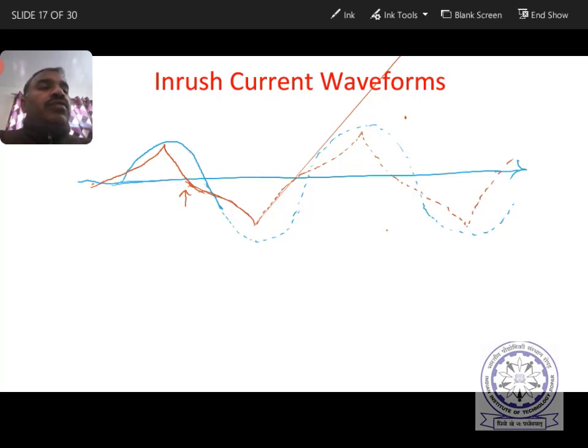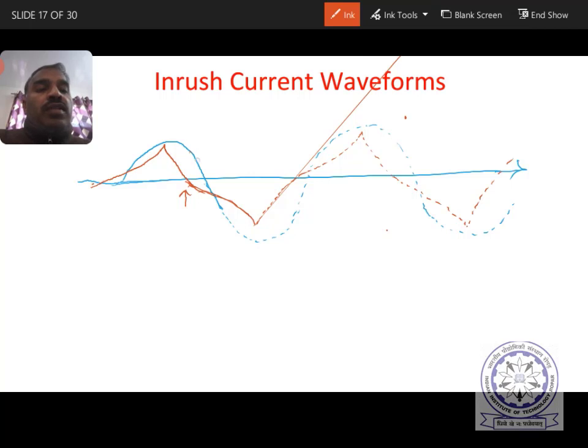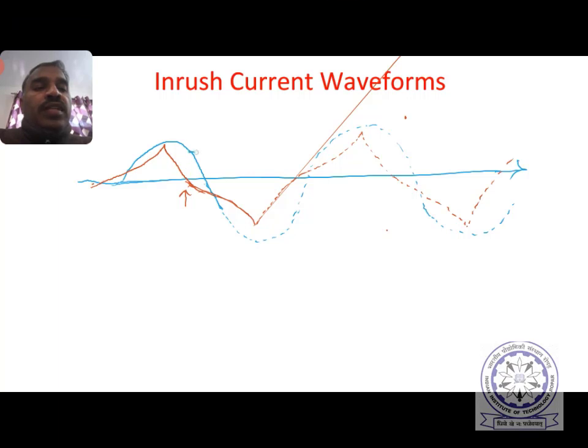A small residual flux will be there. So I'll take blue color for representing the residual flux. When the current becomes 0, the flux is here and it continues. I switched it off, then it continues like this, the constant flux.